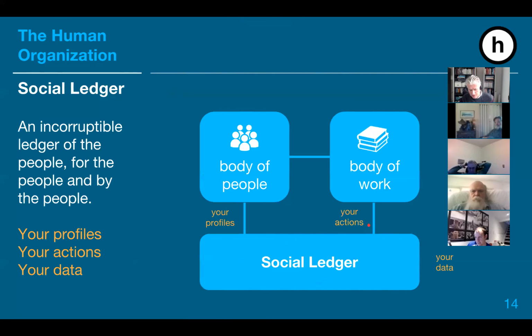And all of the actions, right? And it's your data. The stuff that you create, your profiles and the actions you create, belong to you. Part of the social ledger, but you own that. And that's the function of connecting the body of the people with the body of work inside this new layer called the social ledger.